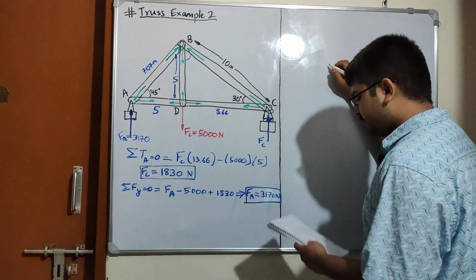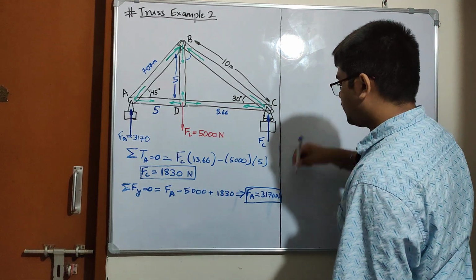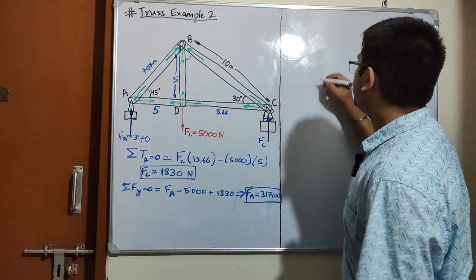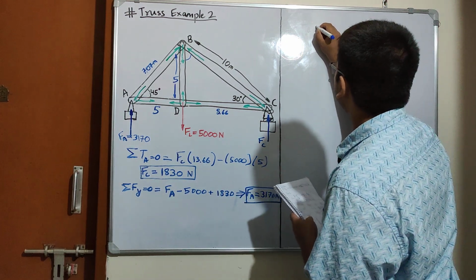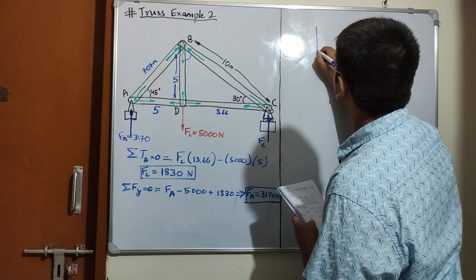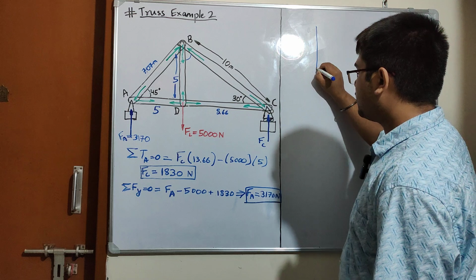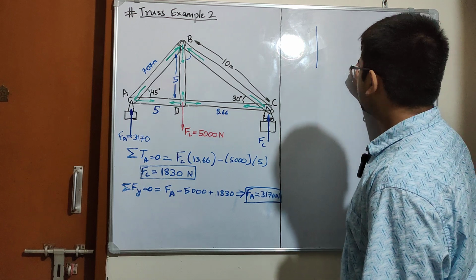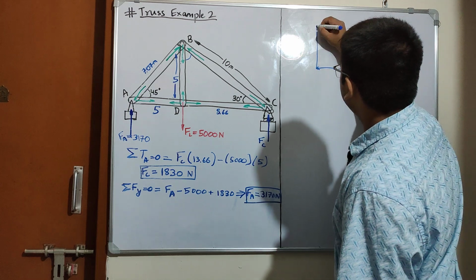So we have an upward force. We have Fc equals 1830. This is our Fc. Then we have a force in this direction and a force in this direction.